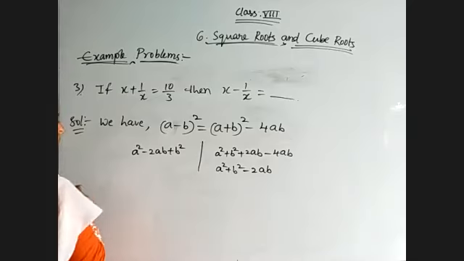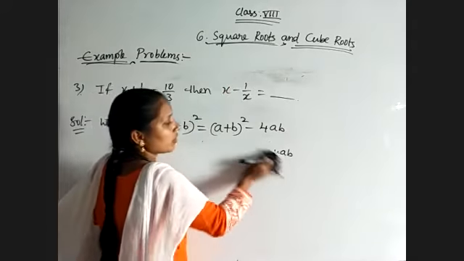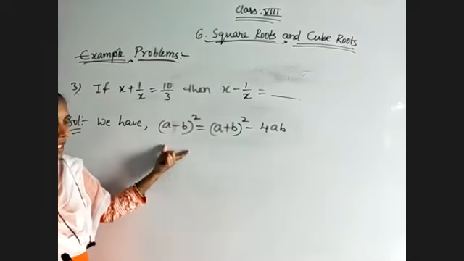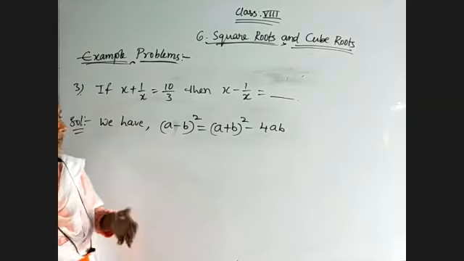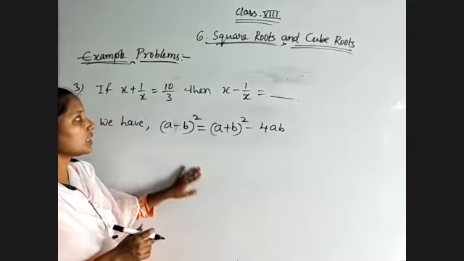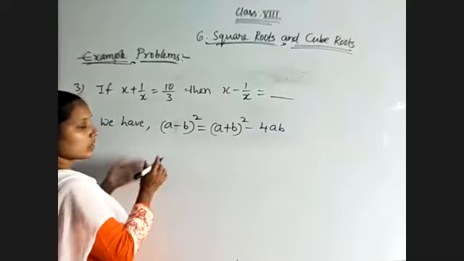And here why I am using this one: we need to find the a minus b value. We have the relation between a minus b and a plus b by using this one. Now we will see how to simplify this. Instead of a, substitute x, and instead of b, substitute 1 by x.